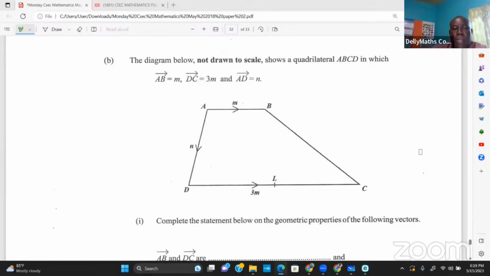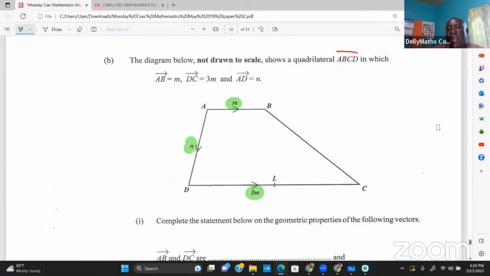All right, so what we're looking at now is a diagram. It says the diagram below, not drawn to scale, shows a quadrilateral ABCD in which AB is m. You're seeing that. DC is 3m. AD is n.